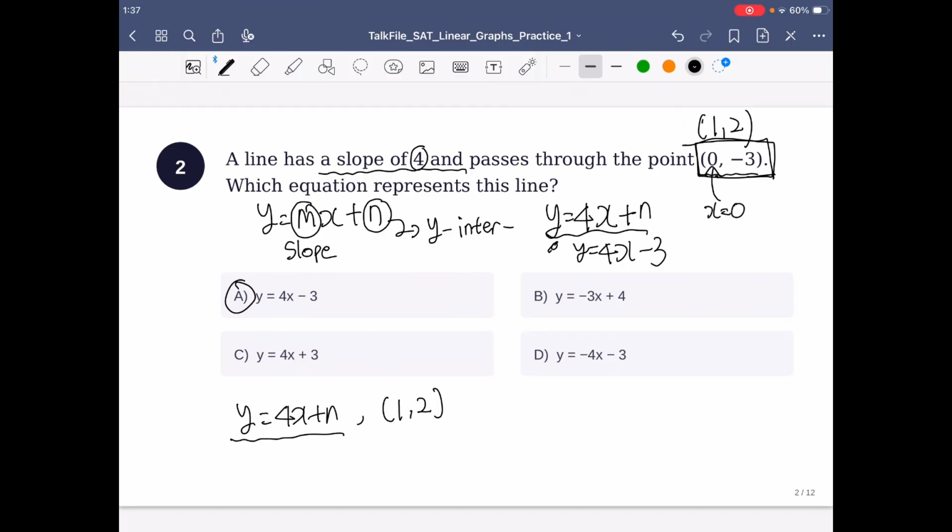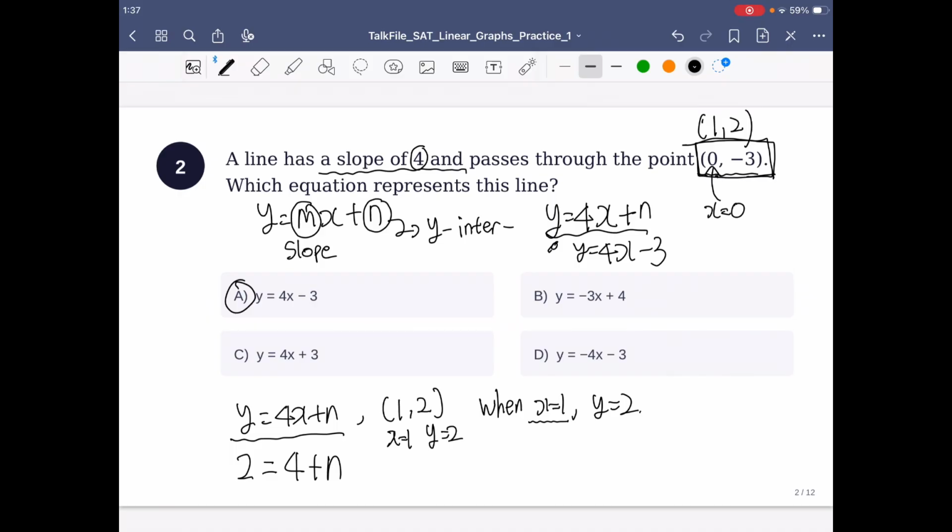When x equals 1, y equals 2, so 4 times 1 equals 4, plus n, equals 2.